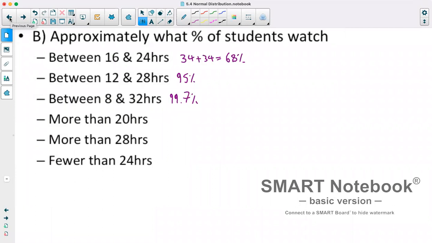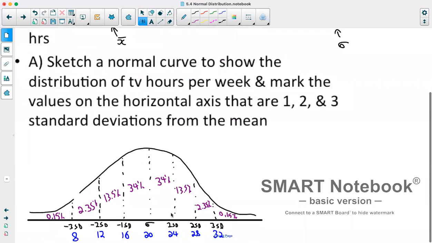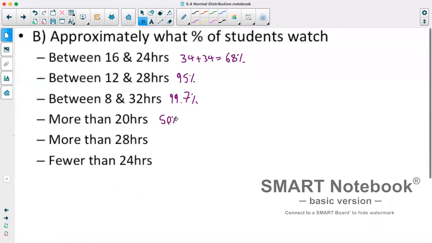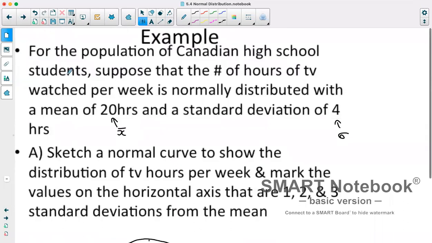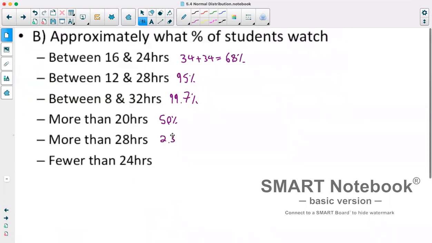Now we have more than 20 hours. That would be from our mean this way. So automatically, if you're in the middle and measuring everything to one side of it, that's 50%. Now more than 28 hours would be from here upwards. That's 2.35 plus 0.15, so that's 2.5%.